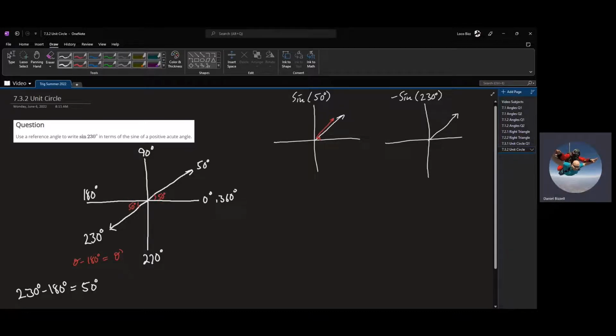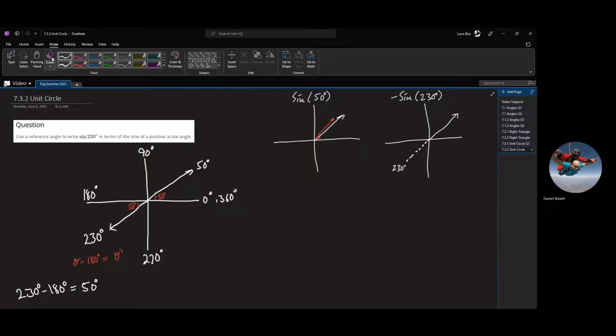Okay, well, if we come over here and look at this one, and here's our angle down here at 230 degrees. In this case, we turn to theta. Theta tells us which direction to look, so we're looking at 230 degrees.